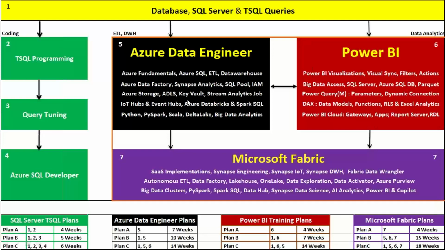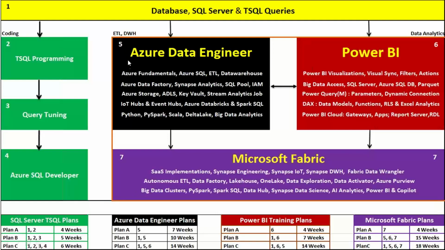Though it is not listed here, we have something called Azure Purview, Logic Apps, CI/CD integrations, part of our course. Power BI connections. Core Power BI is a separate 4-week journey, but as a data engineer in the project work, we are going to have Power BI connections. So box 5 is part of our course.